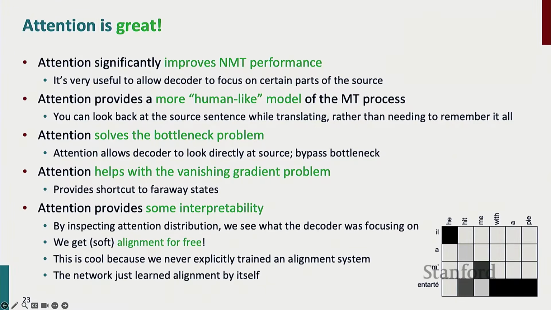Another nice thing that attention does is it gives you some interpretability. By looking at where the model is attending, you can basically see what it's translating at different time steps. That can be really useful. We can see what we're translating where without explicitly having trained a system to do that.